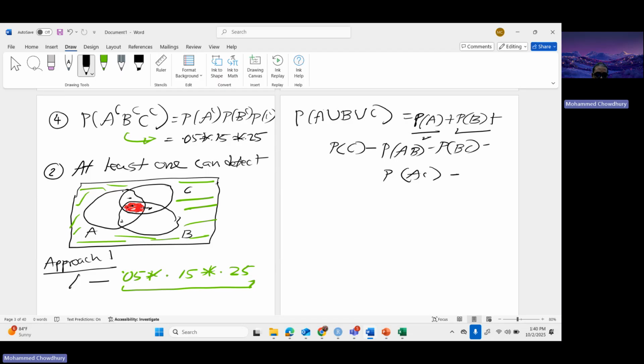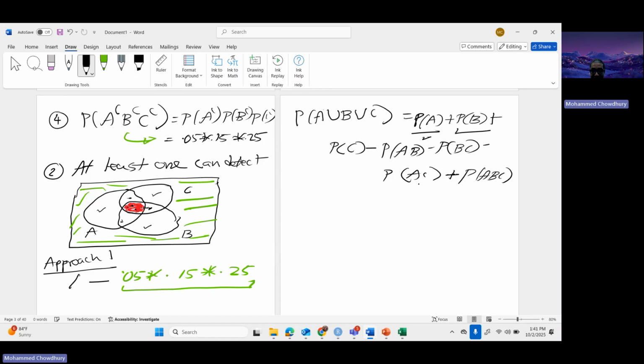Probability of A and C, which is equal to this part. So I subtracted this part. Now I have to add this one in here. What is happening? I considered it in this one, and then I am adding that one. Okay, I am adding it because they are coming two times. So I am adding probability of A, B, and C.